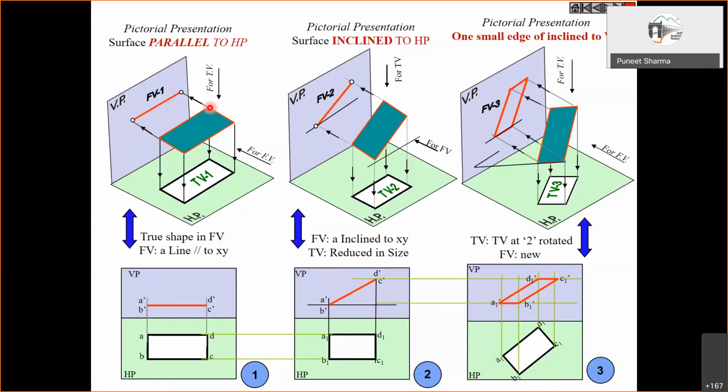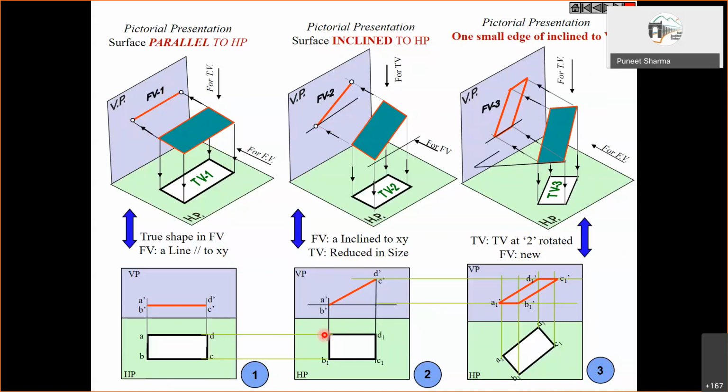The distance of this corner from this is not getting altered, although its position is being varied. It is now being tilted, but these distances are still not getting altered. That is why we can simply draw these lines, right?